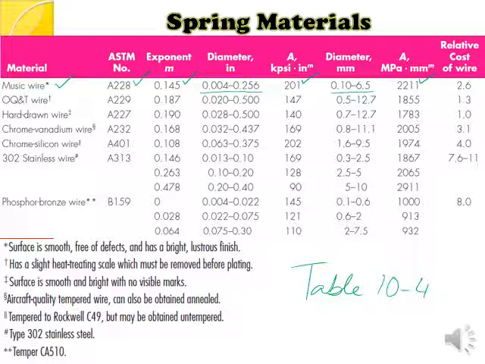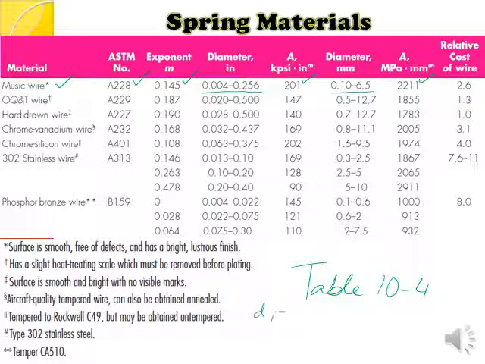And then I'm going to select a diameter. I can select 2 mm, 3 mm, 3.2 mm, 5.2 mm, as long as it is between 0.10 to 6.5 mm. So I know the D. D is known.